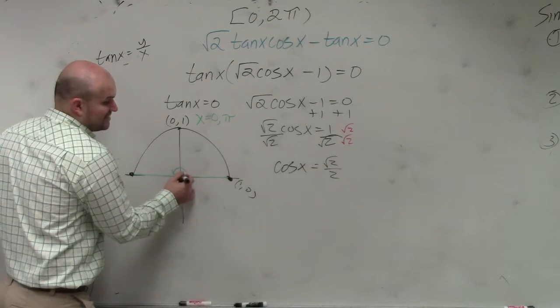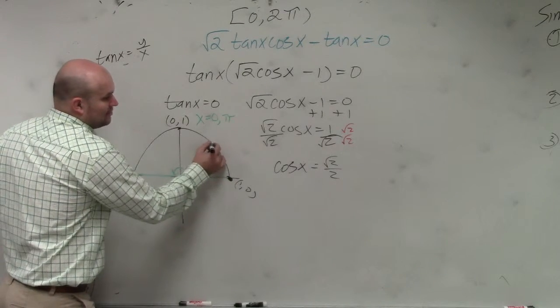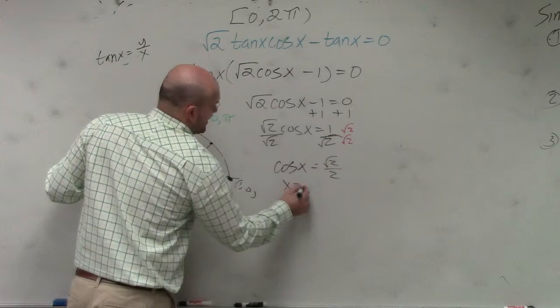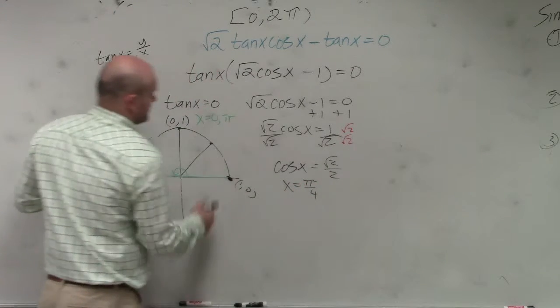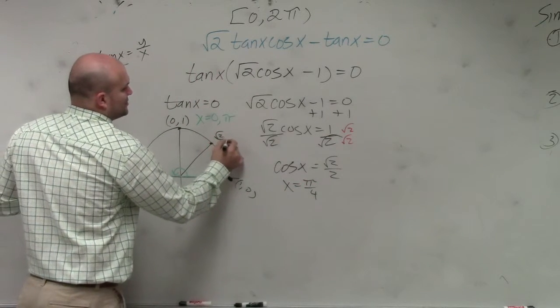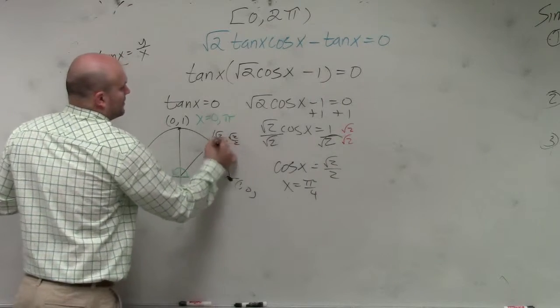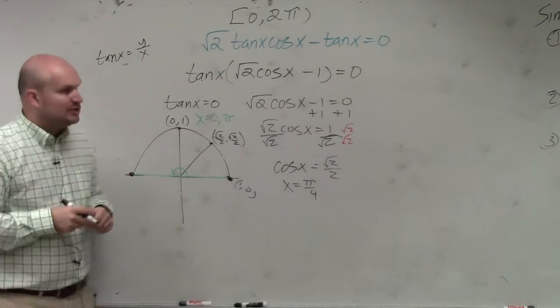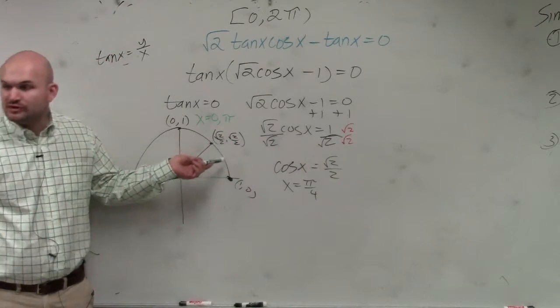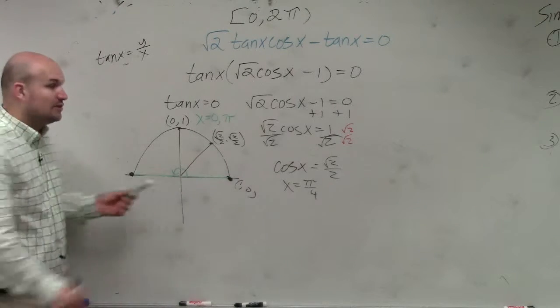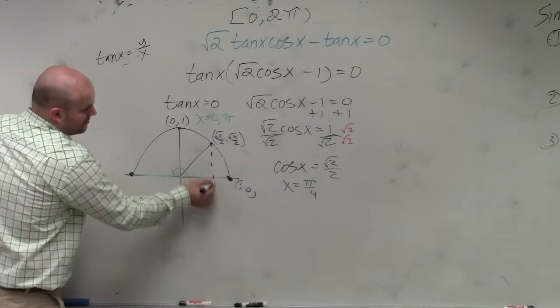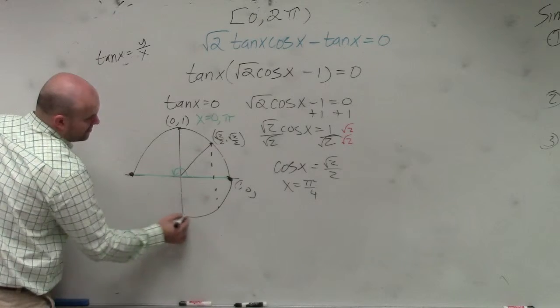Well, I know that is my 45-degree angle, or pi over 4. So x equals pi over 4, because that point is (square root of 2 over 2, square root of 2 over 2). However, is that the only point within the unit circle where x is the positive square root of 2 over 2? No, you could also do the reflection down to the fourth quadrant.